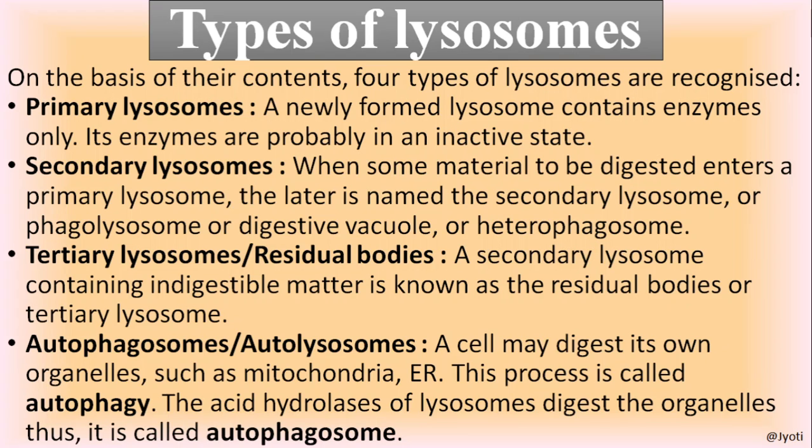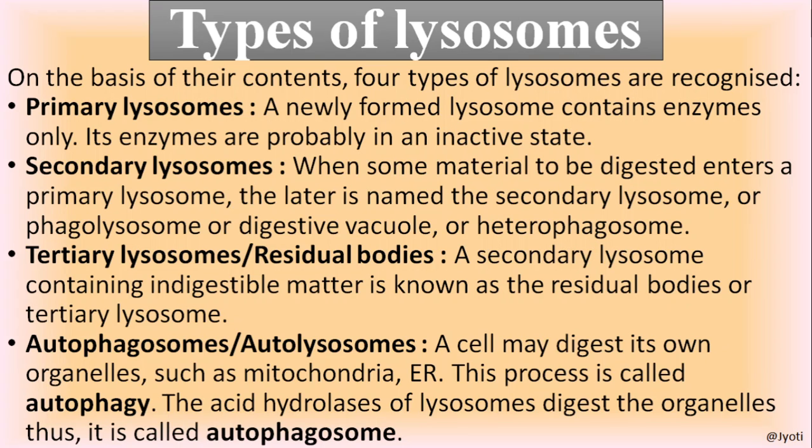The primary lysosomes are the newly formed lysosomes, and as I have told you, the lysosome contains hydrolytic enzymes, and this hydrolytic enzyme is a digestive enzyme. But in the primary lysosome, this enzyme is probably in an inactive state. Then the next form is the secondary lysosome.